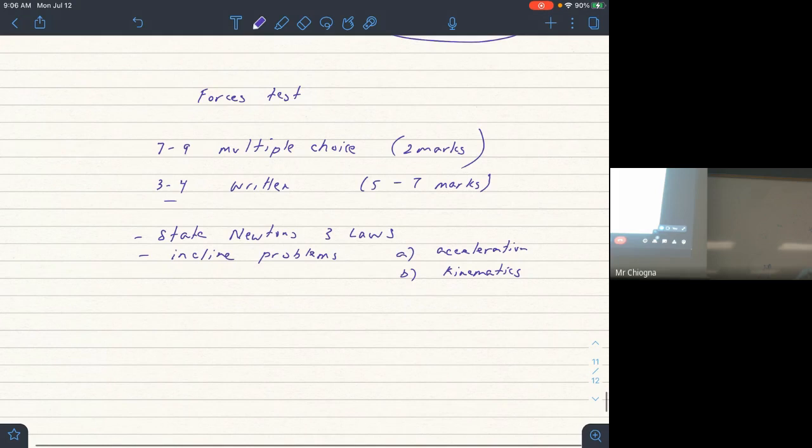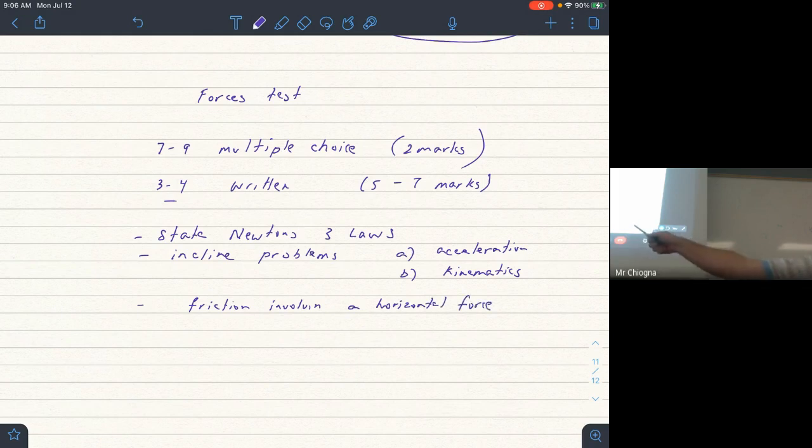There'll definitely be some friction problems along the ground, involving a horizontal force. It's what I first reminded you of on the far left side of the board this morning. Something like that, and I could mix it up.